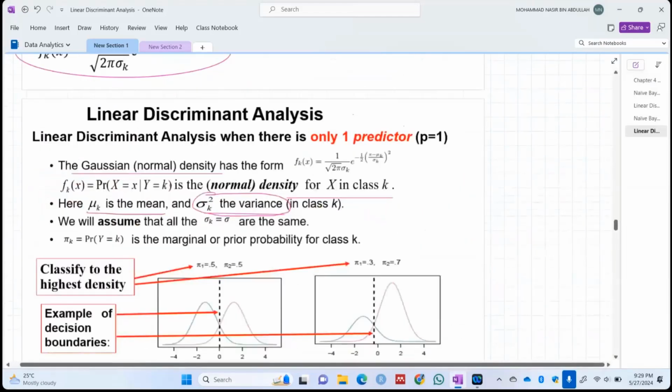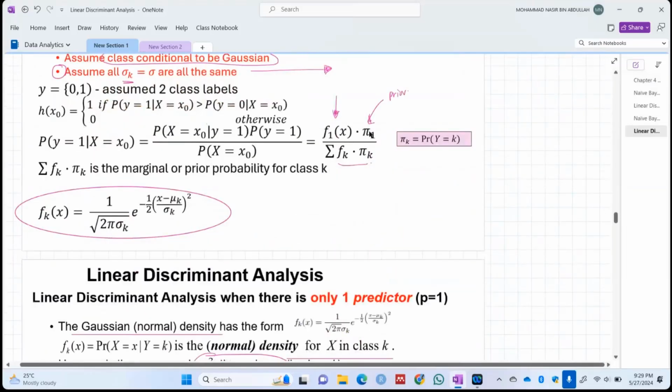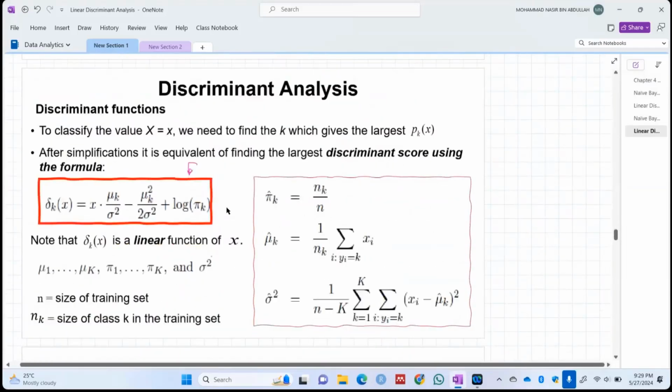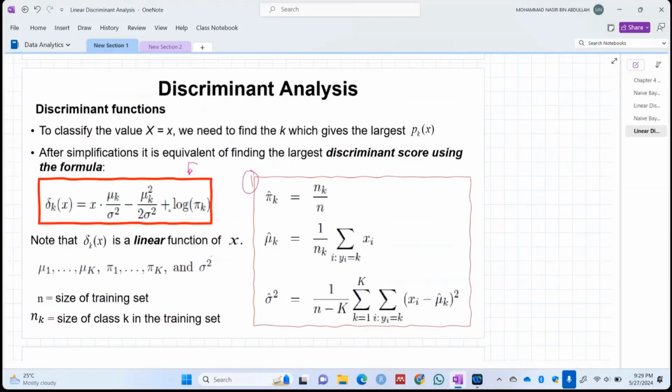For the pooled variance, we sum over each class and divide by n minus K, where K is the number of classes and n is the number of observations.